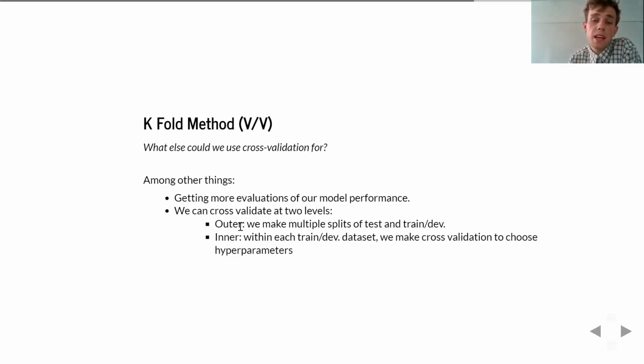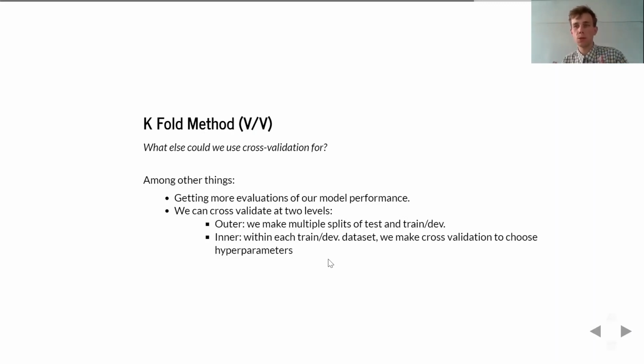So we can have an outer level, where we basically make multiple splits of test and development data set. We could have different splits of test and development data sets, and then rotate these also, and then the inner loop takes our development data and splits it into training and validation, and also rotates these. So we could basically make an additional level of rotation, right?